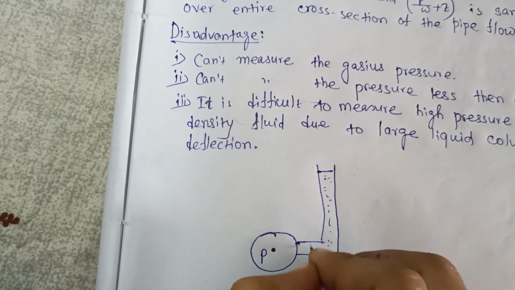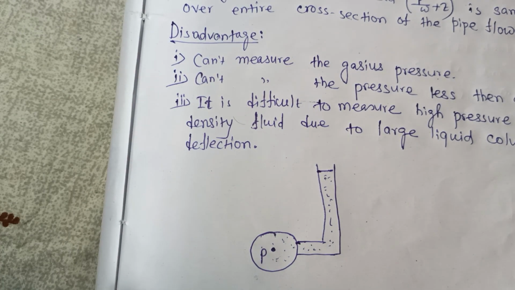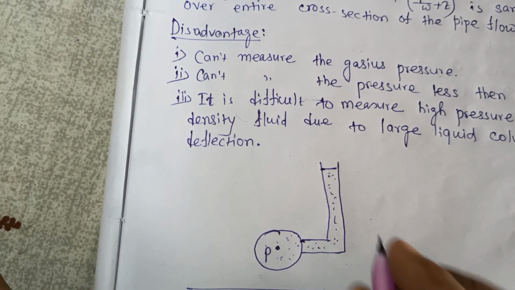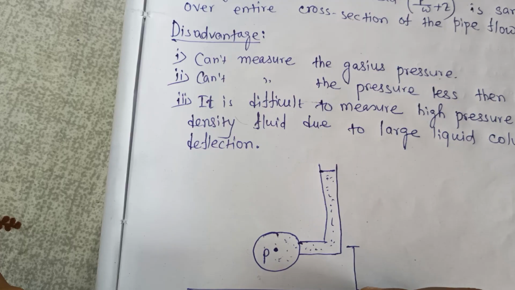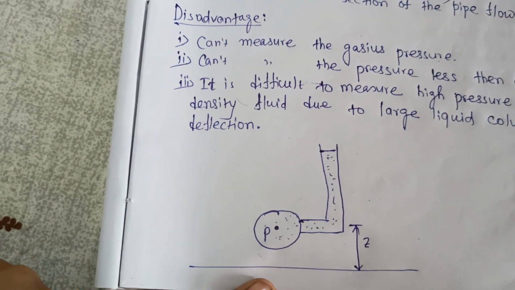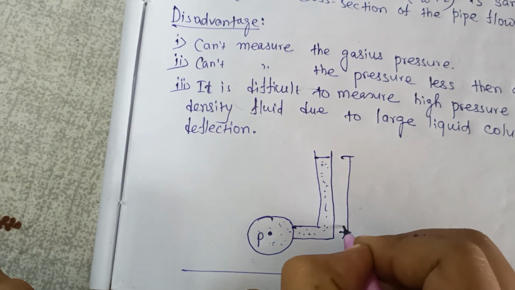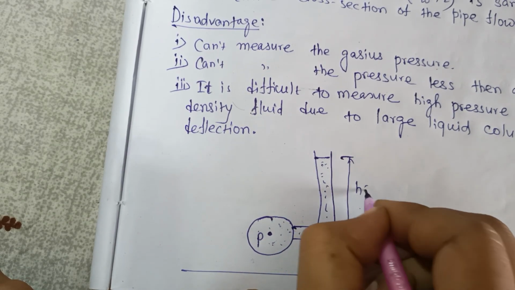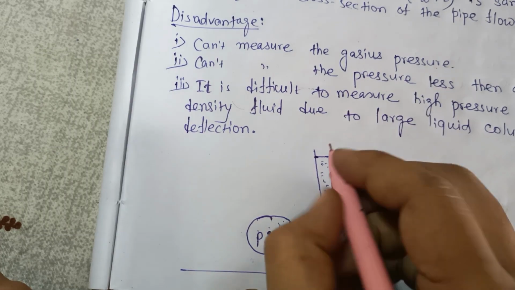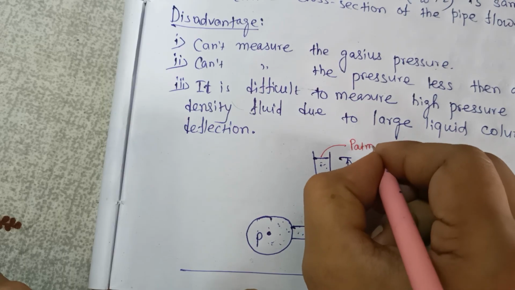This is the reference line, and from here to here the distance is z, and from here to here the distance is h, that is p by omega. And here there is atmospheric pressure.